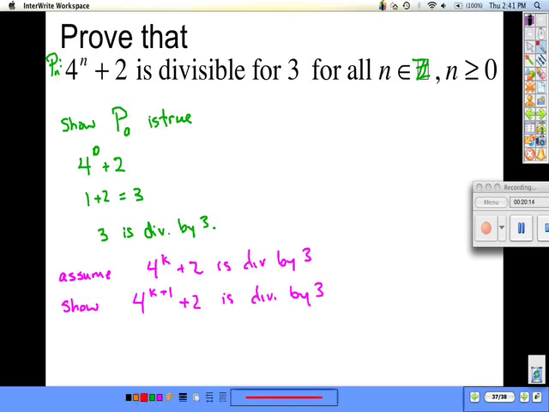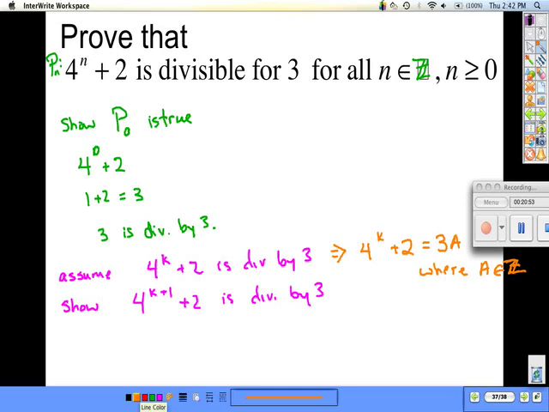By making the assumption that 4 to the k plus 2 is divisible by 3, that means that 4 to the k plus 2 is equal to 3 times some value a, where a is an element of the integers. That's what it means to be divisible by 3.